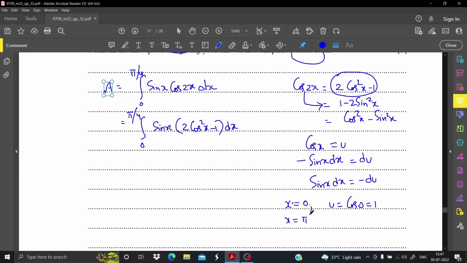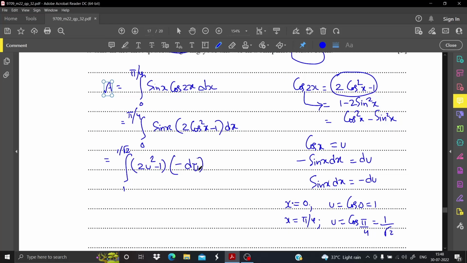And when x is pi by 4, u is cos of pi by 4, which is 1 by root 2. So the integral goes from 1 to 1 by root 2 of 2u square minus 1 times minus du.